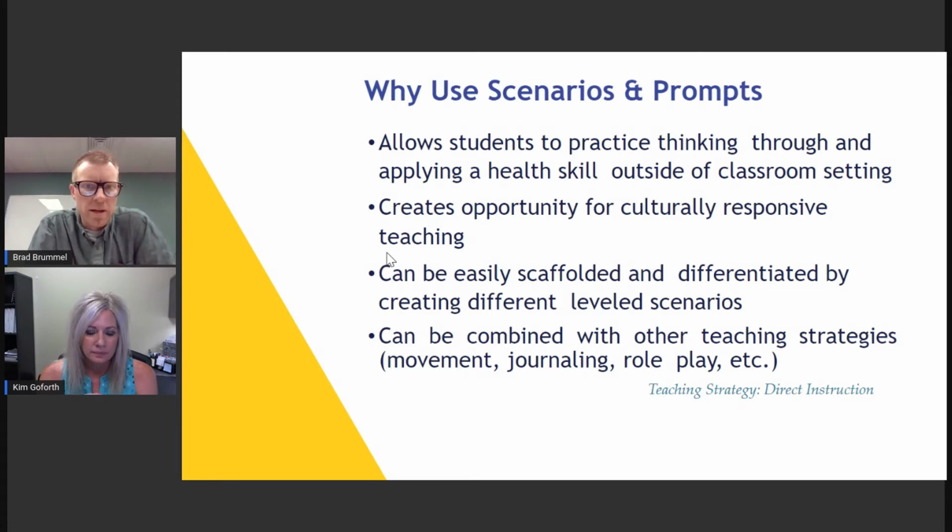I think most importantly, it allows our students to practice thinking and applying that health skill outside of the classroom setting, because it's so hard for us as health educators to assess outside of the classroom setting for obvious reasons. But we can invite students into the thought process of applying that skill outside of the classroom setting while they're in our space. And it also creates the opportunity for these scenarios and prompts to be culturally responsive.